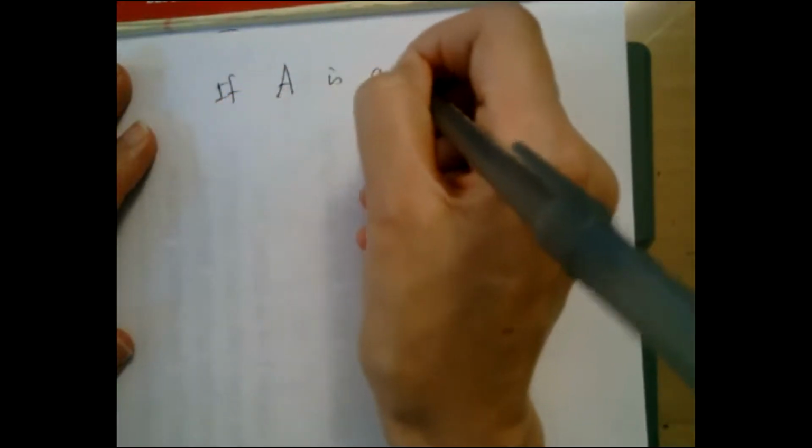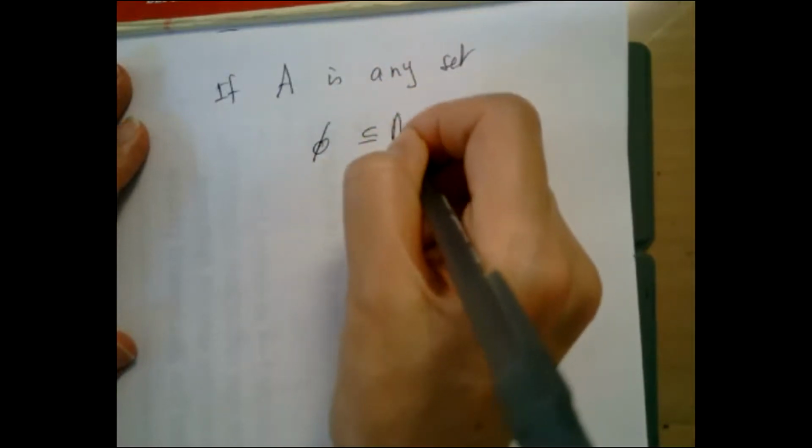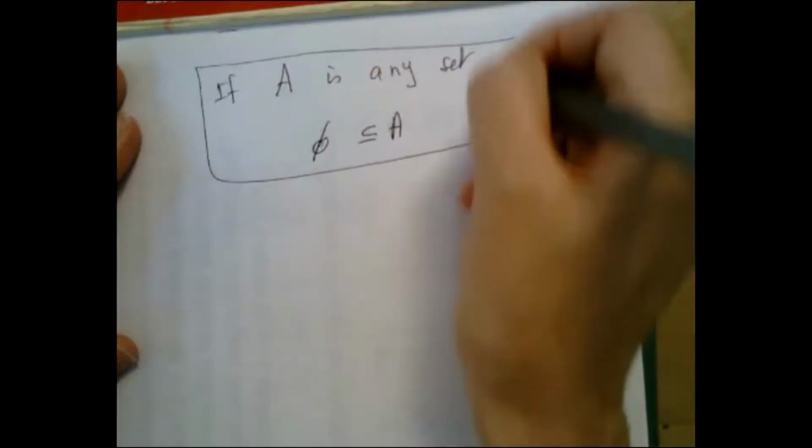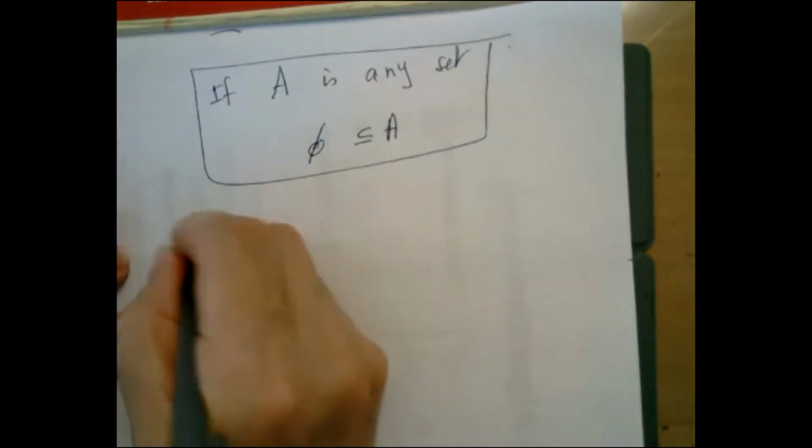So we write this clearly. If A is any set, the empty set is always considered a subset of A. All right, let me ask a simple question here. True or false, very simple.